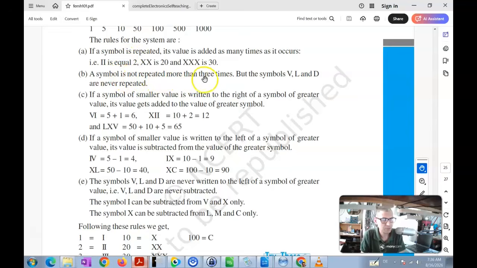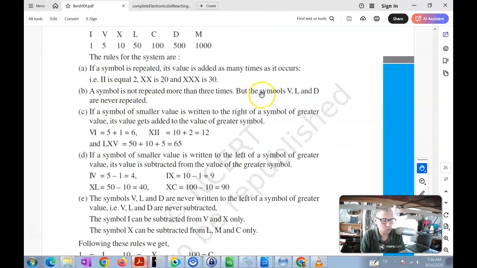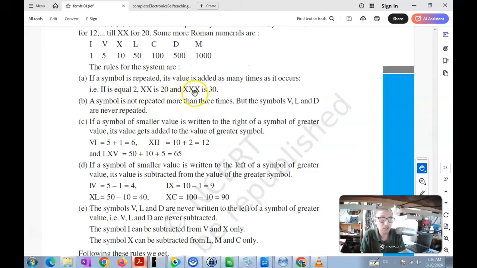A symbol is not repeated more than 3 times, but the symbols V, L, and D are never repeated. So essentially, to write a 30, for example, you can repeat the symbol for 10 essentially 3 times, right? But none of these symbols can be repeated more than 3 times.